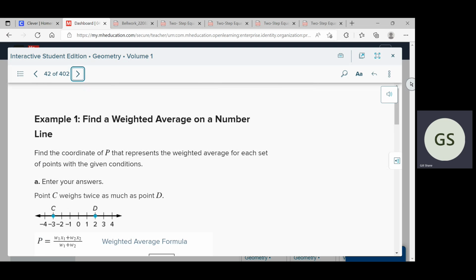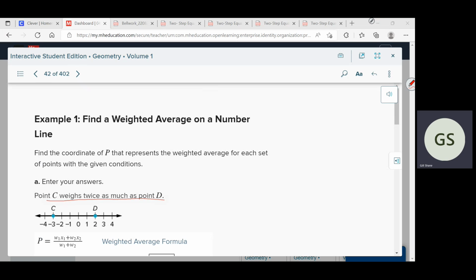So we have a line segment. And they're telling us that in this line segment, point C weighs twice as much as point D. That in and of itself probably seems pretty weird. How can a point weigh more?